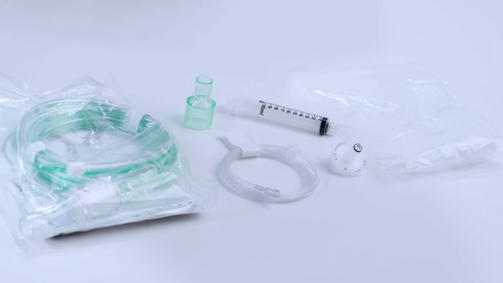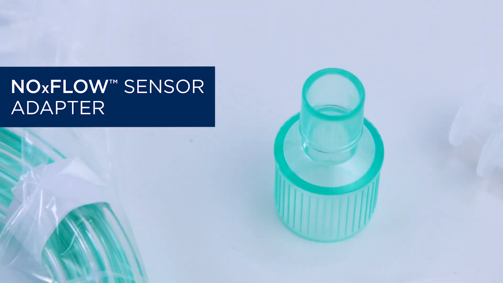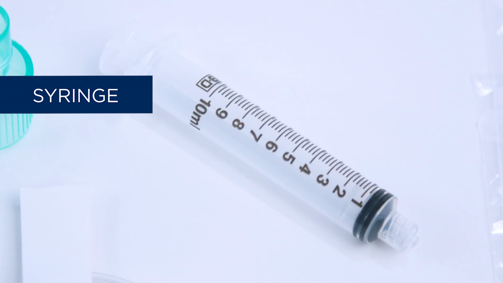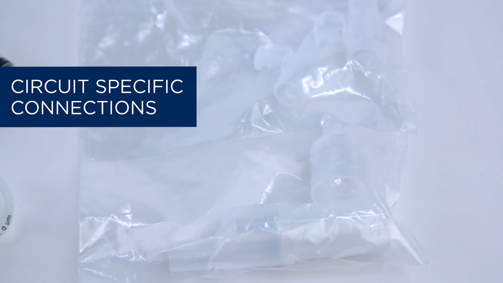Each NOx kit contains a NOx flow sensor accessory used to detect the ventilator flow and inject NOxVent nitric oxide gas into the ventilator inspiratory limb, an adapter to connect the NOx flow sensor to a humidifier or the inspiratory limb, a sample line used to sample the inspiratory limb gases, a syringe used to remove moisture from the water trap, a hydrophobic filter used to prevent moisture from entering the NOxBOXi device, and connectors for connecting the sample line to the inspiratory limb and the NOx flow sensor for when a humidifier is not present, such as when an HME, or heat and moisture exchanger, is being used.